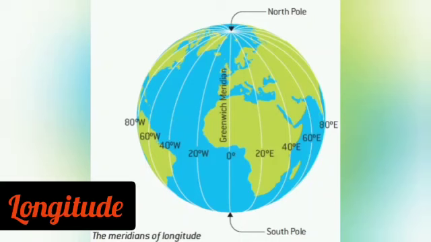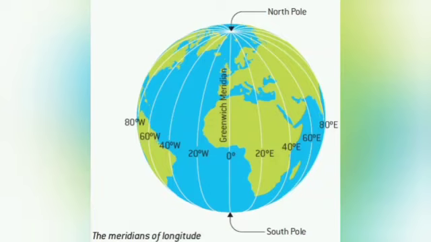Now next we have to learn about the longitudes. Here see a picture of longitudes. The set of imaginary lines running from north to south on the earth are known as lines of longitude, or we can say meridians.